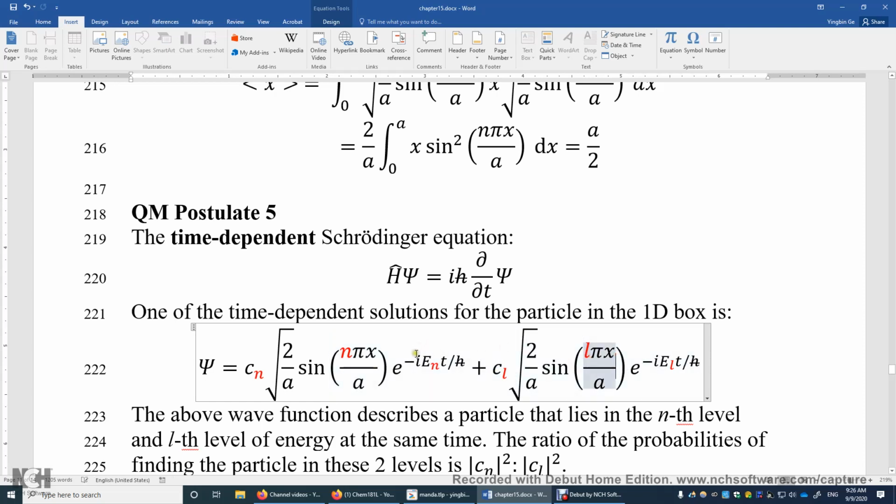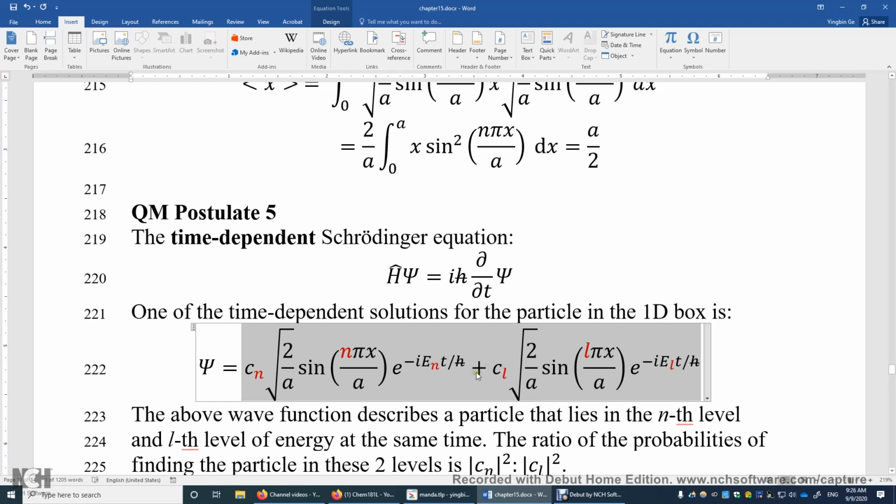Also, we need a function of time here and here. Look at this function. It's the sum of two products, the product of a function of x and t. And over here, it's also the product of a function of x and another function of t. There's no way to separate this into a single product of a function of x and a function of t.